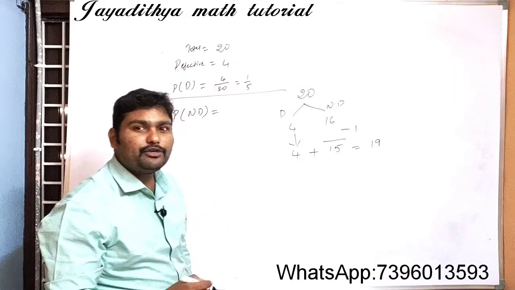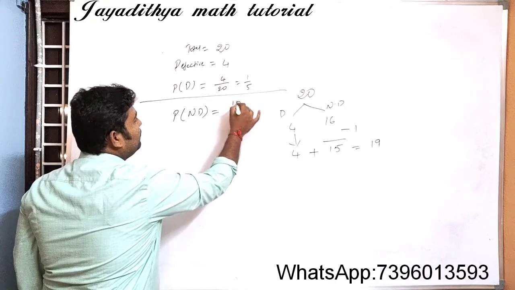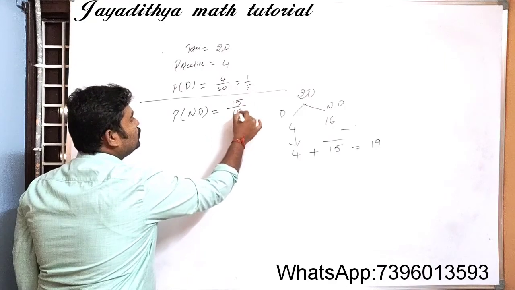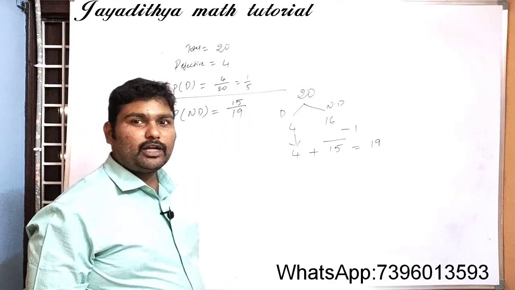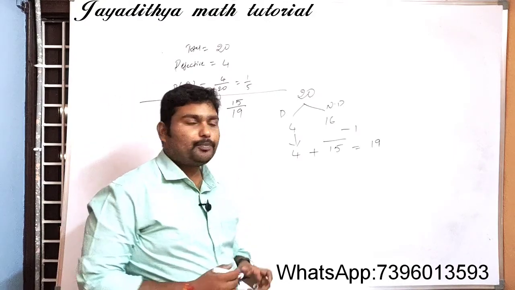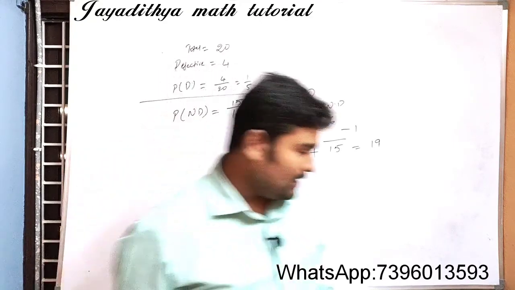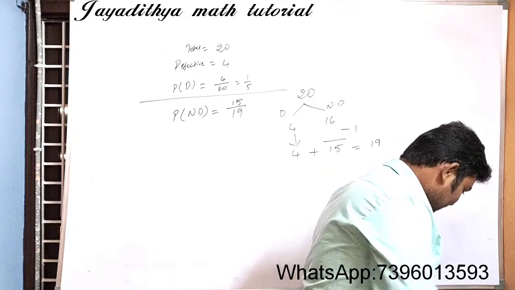From this, what probability do you need to find? Probability of a non-defective one. Non-defective bulbs are 15 and total bulbs are 19. So 15 by 19 is the probability of a non-defective bulb in the second case. Clear?